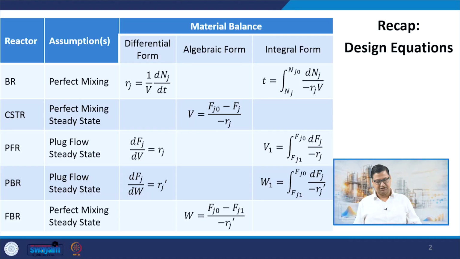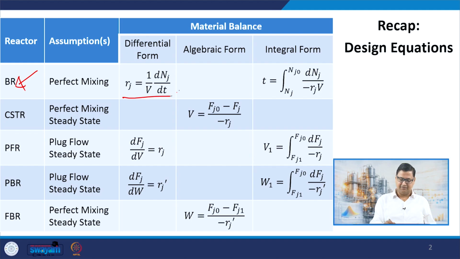So, we have developed the design equations for different kinds of reactor. For batch reactor, we assume perfect mixing and we have a differential form for the rate of reaction given in terms of the number of moles of species J and the volume V. And we discussed how to do it for the case of a constant volume and variable volume of the reactor.